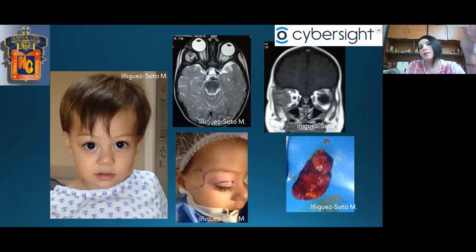And well, it's very evident that we have a mass in the temporal region, near the muscle, pushing the eyeball, and eroding the temporal wall. So, well, we have a different diagnosis, but the approach is the same.